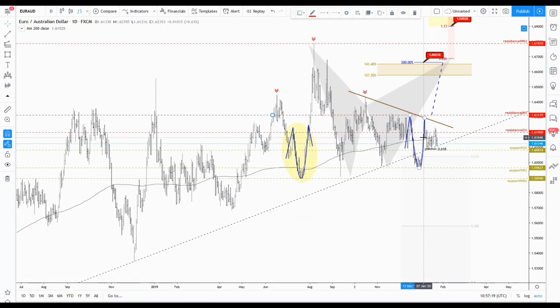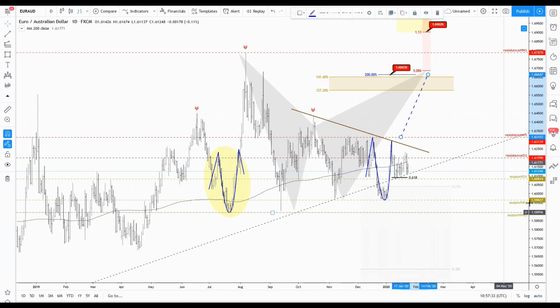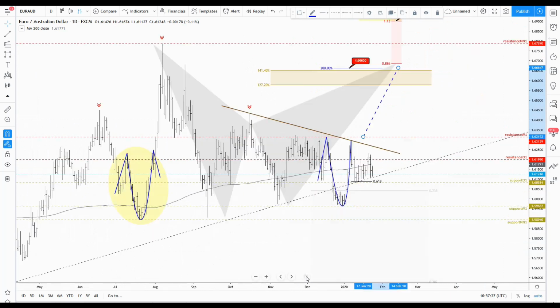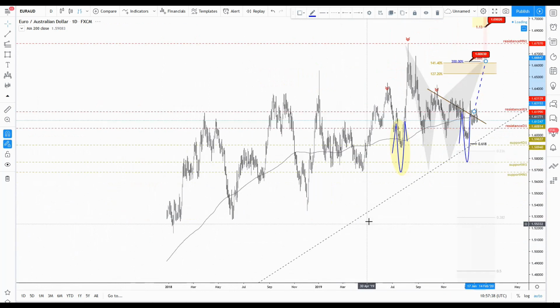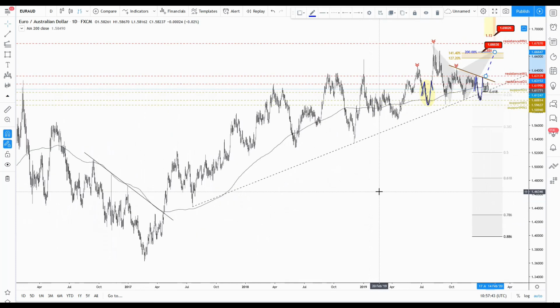We never know if that will happen, but if that happens, that will trigger this kind of cup and handle formation, and it may offer actually a nice opportunity for those who are searching for longs. Obviously, it's a fact that we're still trading above this virtual trend line.